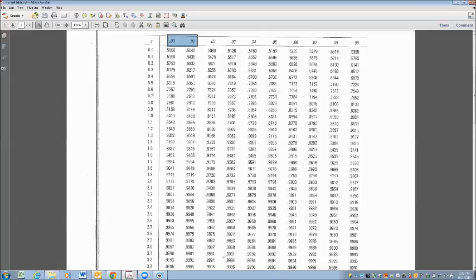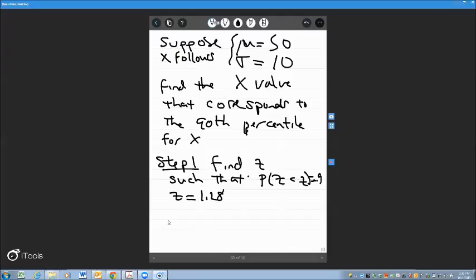So I'm going to go in the body of the table and try to get as close to 0.9 as I can. And notice that that happens right here. 0.8997 is as close as I can get. And that happens at 1.28. So that would give me that z is 1.28.